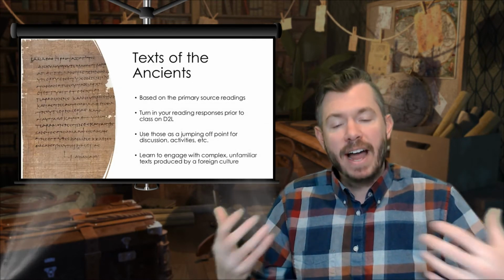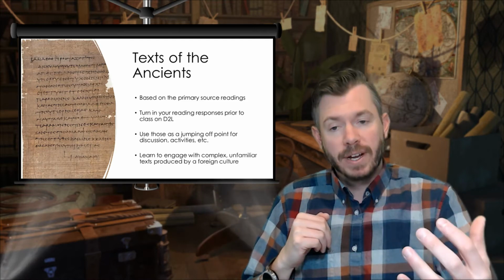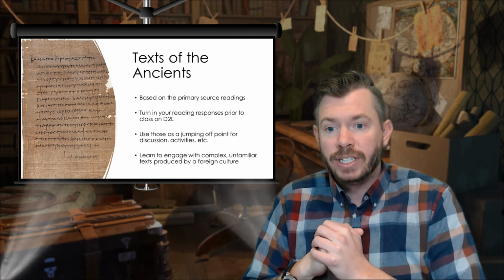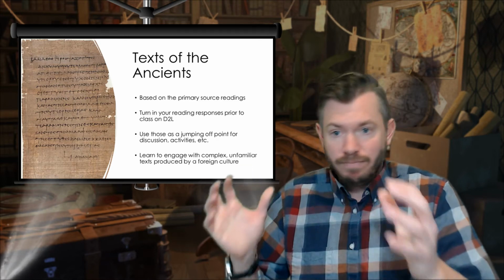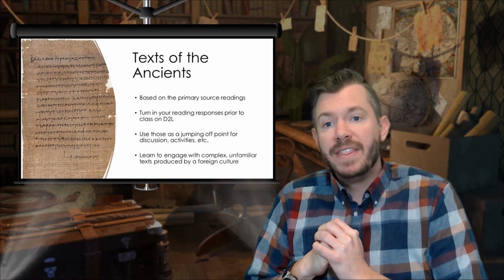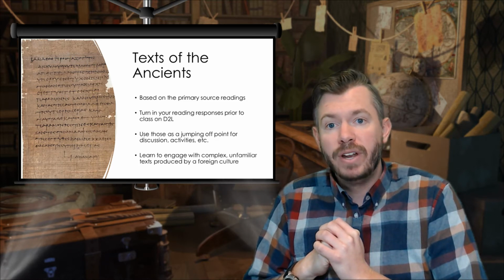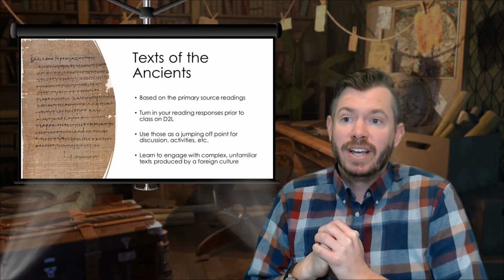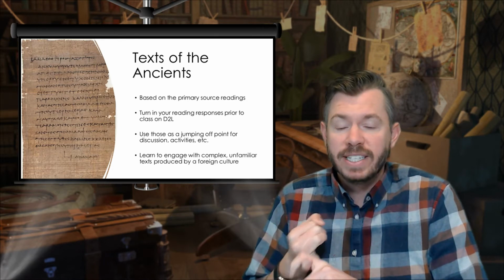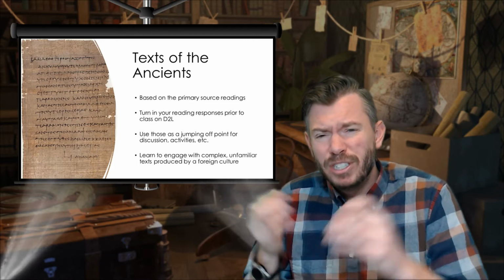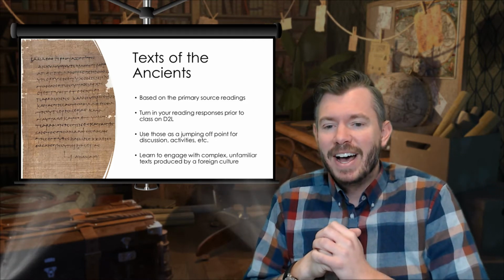All right, and then finally, like I mentioned, your homework assignments, for the most part these weekly writing assignments, are based on ancient texts. These are all old primary sources. They're relatively difficult. Again, this is a good skill to build. If you have the ability to pick up a text that's not easy to comprehend and make your way through it, this is a great way to develop those reading skills, to understand something produced in a different culture, which is generally a good thing.